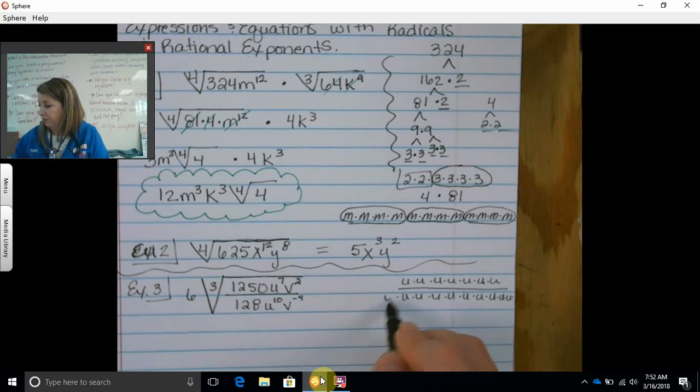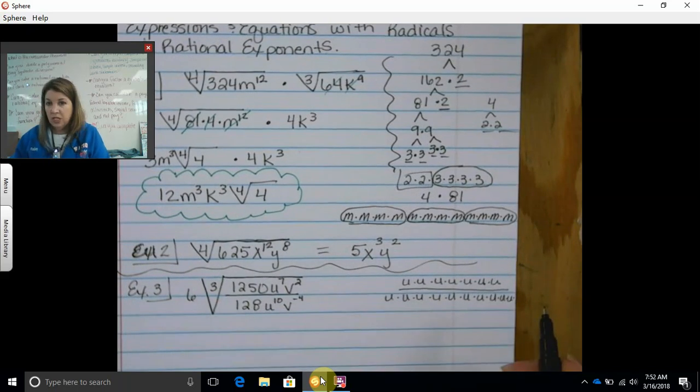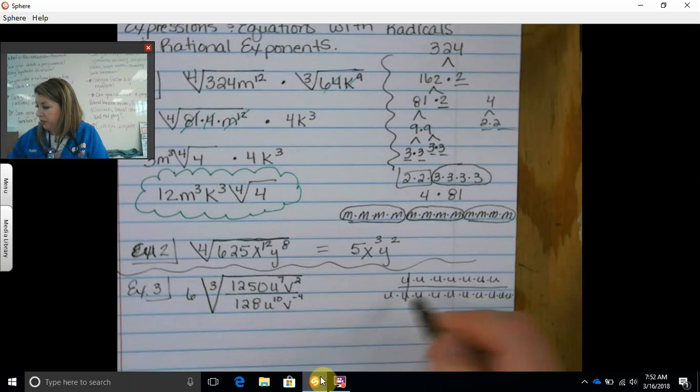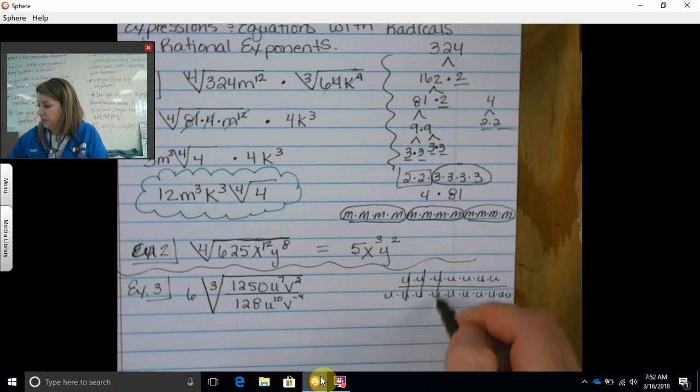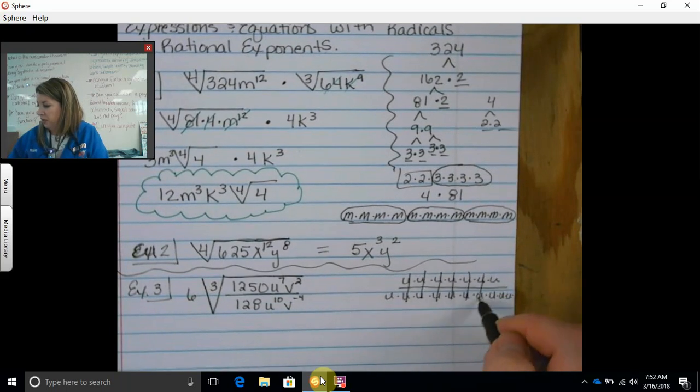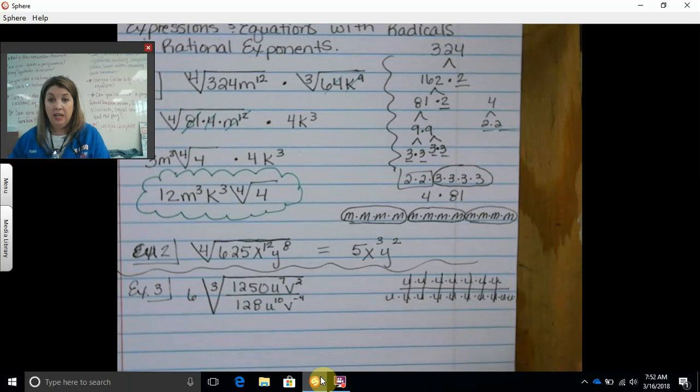Put another u over here. So we know u divided by u is 1, u divided by u is 1, u divided by u is 1, and on and on. 3. And where are they, the numerator or the denominator? They're in the denominator. So u cubed will go in the denominator.